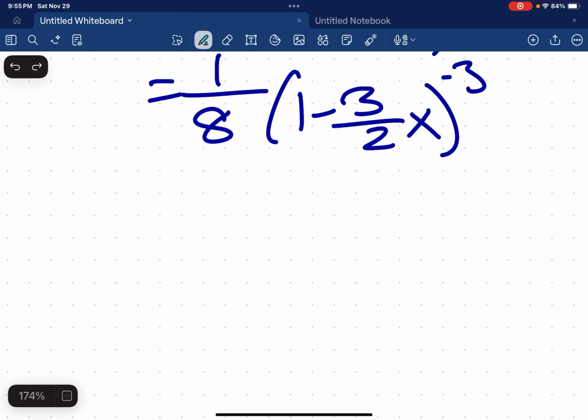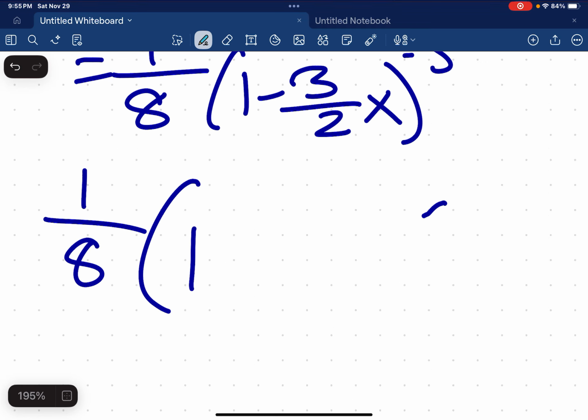Alright, from here we can just work on the right hand side. So we know this is going to be 1 divided by 8 times 1 plus, it said up to how many terms? First 4 terms? Okay.